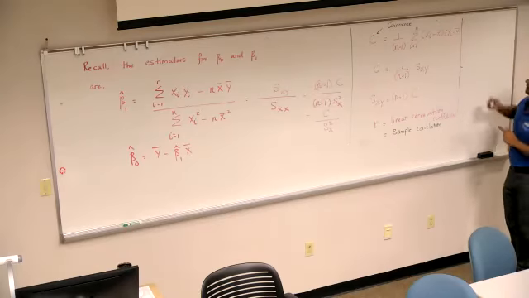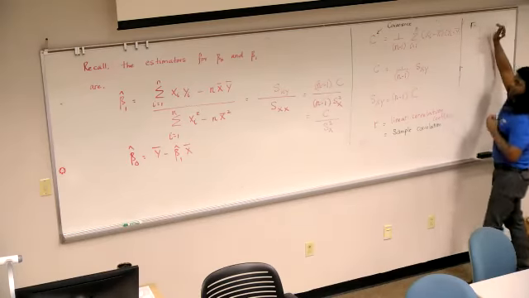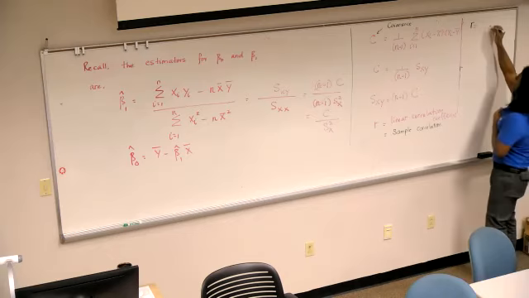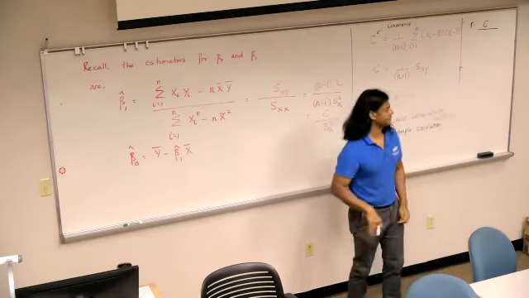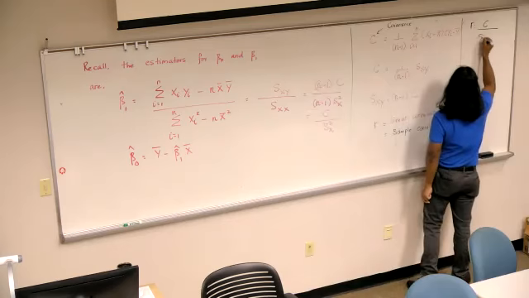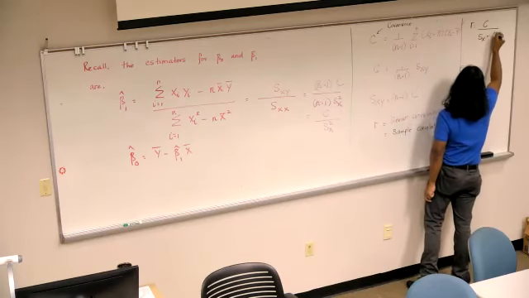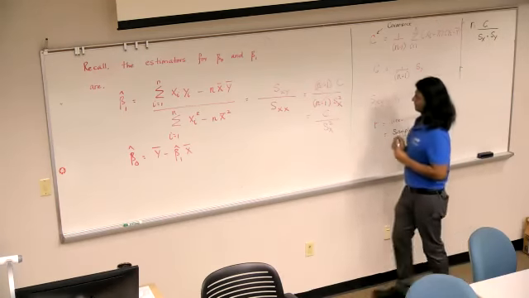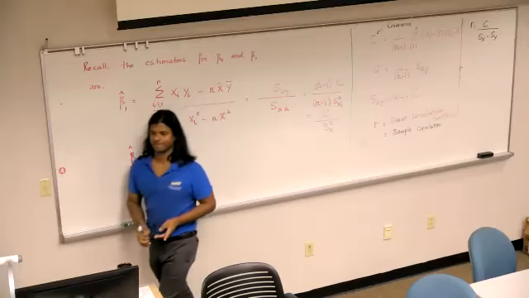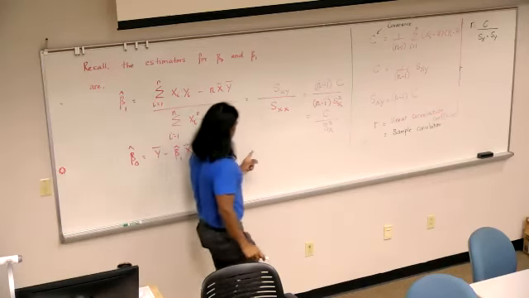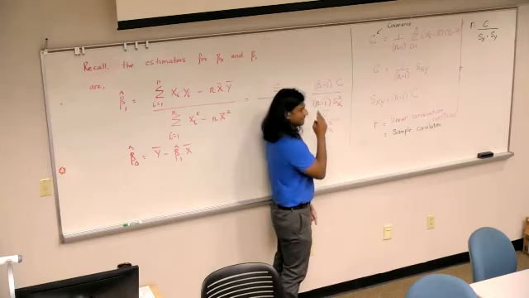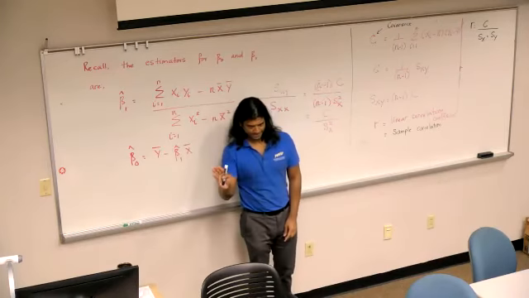Great. r is simply C, the covariance, divided by Sx times Sy. Earlier I mentioned Sx squared is the variance of x.